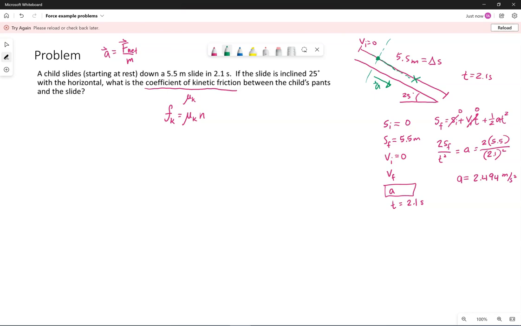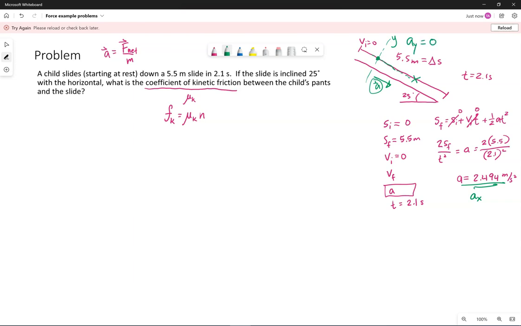So I'm going to make the x-coordinate parallel to the incline and the y-coordinate perpendicular. By choosing this coordinate system, this acceleration is all in the x direction. So the acceleration we have calculated is all in the x direction, and the acceleration in the y direction is 0.